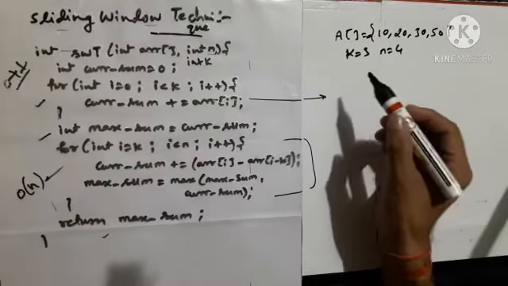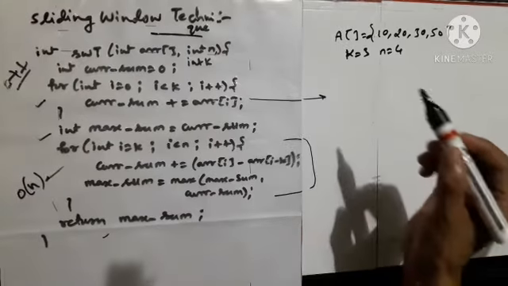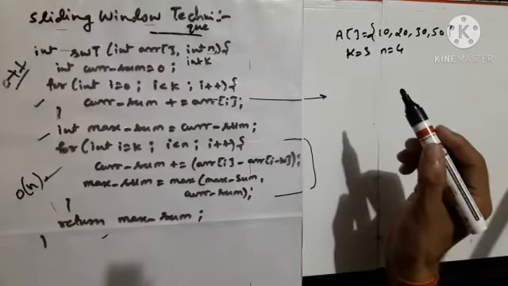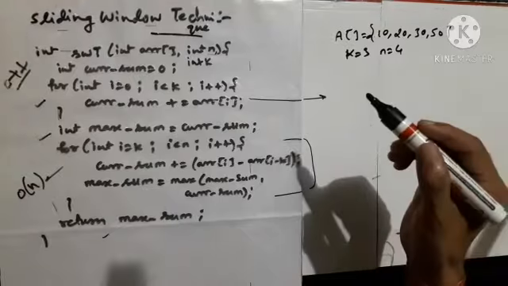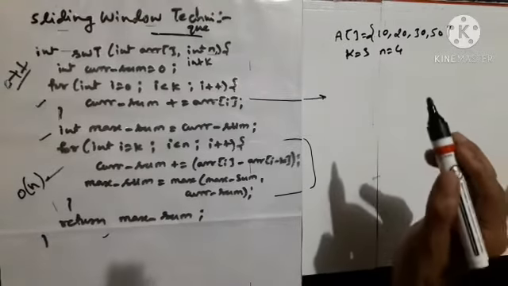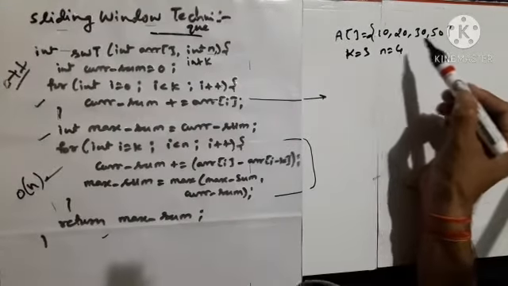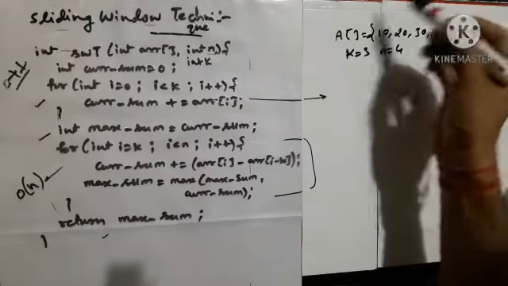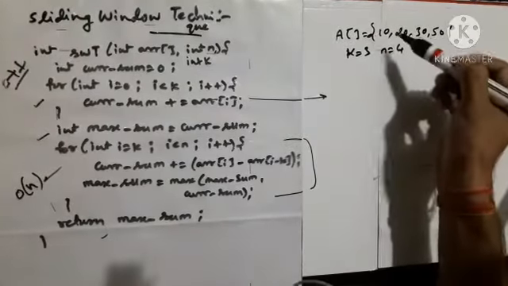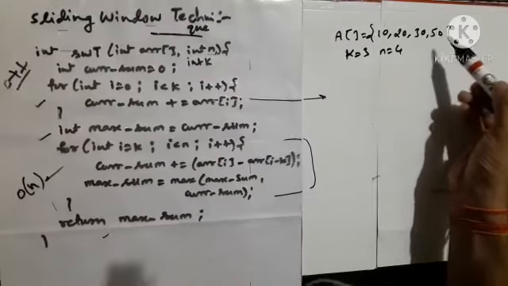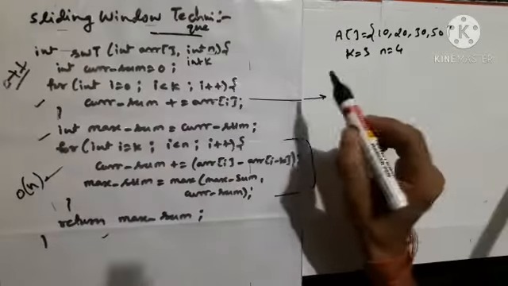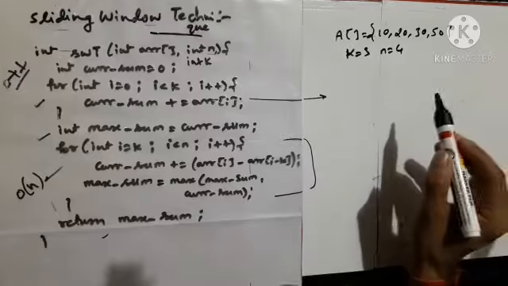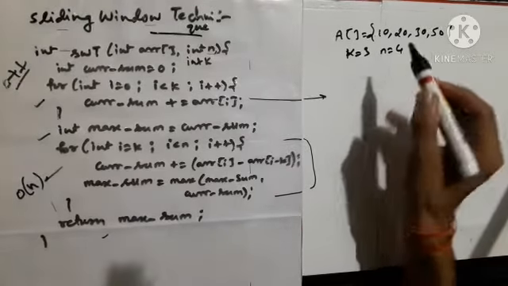Basically I have to return the maximum sum of 3 consecutive elements. They should be consecutive. It could be 10, 20, 30, or it could be 20, 30, 50. These are the possibilities. You cannot rotate the array, that means 30, 50, 10 is not possible. You have to linearly find the maximum of k consecutive elements.